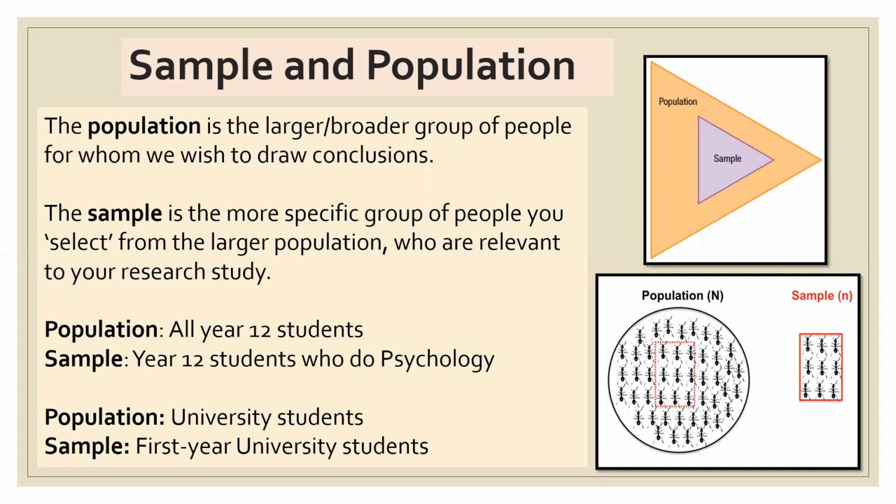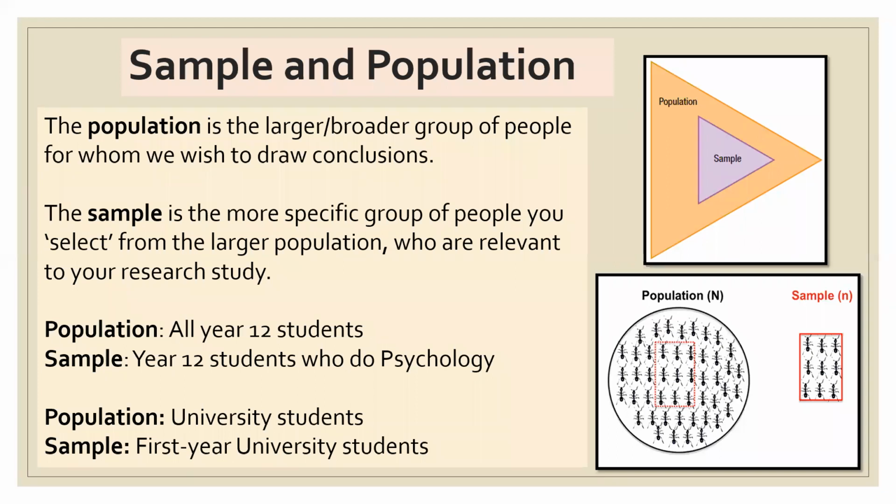But if I then decide that I specifically want to focus on psychology students, I might take psychology students and they become my sample, because the actual population was Altaqua VCE students in general, and the sample is something I'm taking from that population. So specifically VCE psychology students, or specifically VCE biology students, or specifically VCE English students. So the sample is always derived from the population.